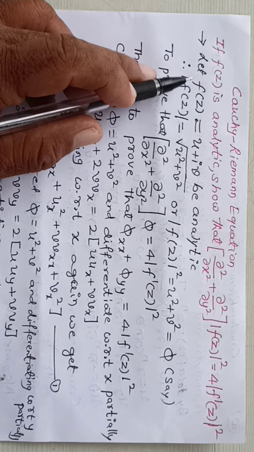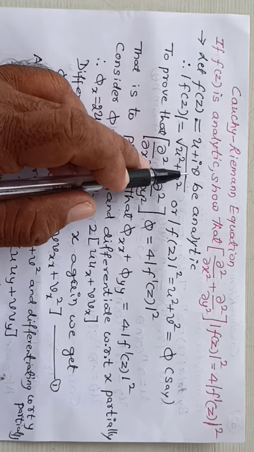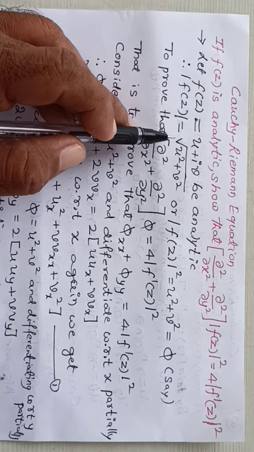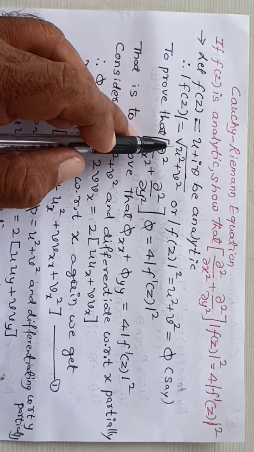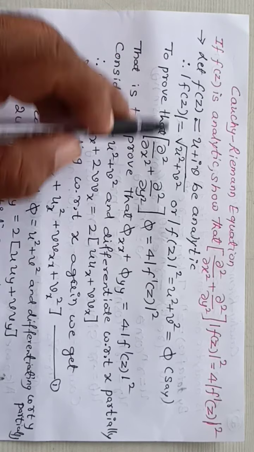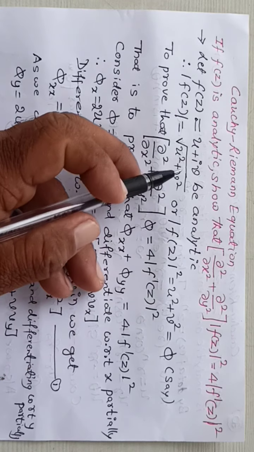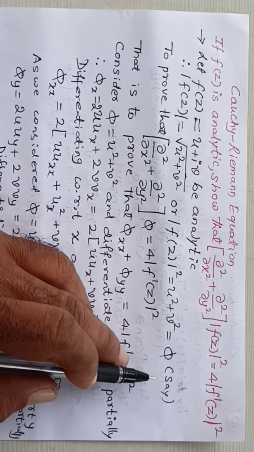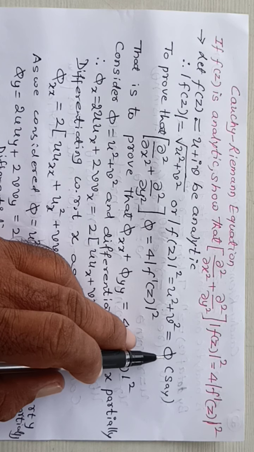So the solution: let f(z) = u + iv be analytic. Therefore |f(z)| is the square root of u² + v². Squaring both sides, we get u² + v² = |f(z)|², which we can label as equation 5.